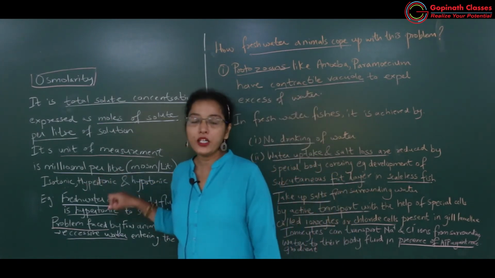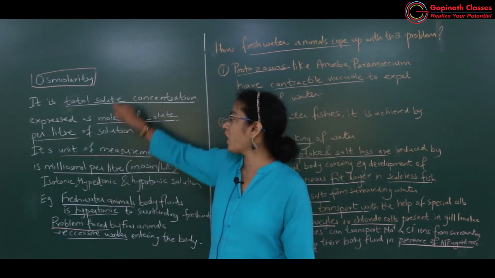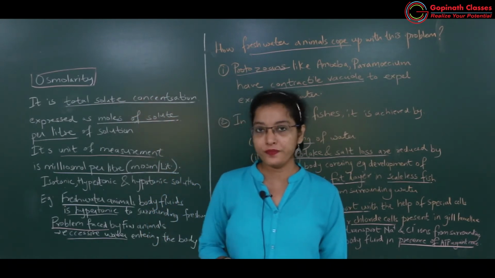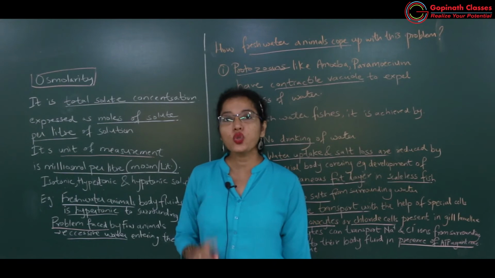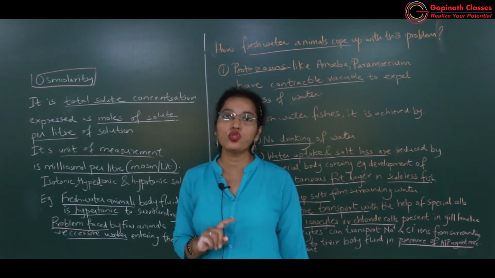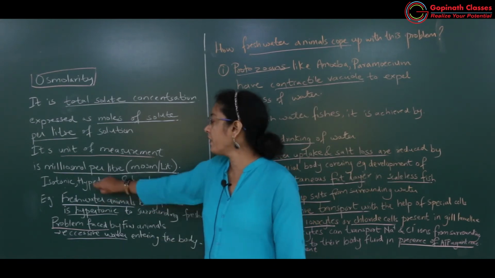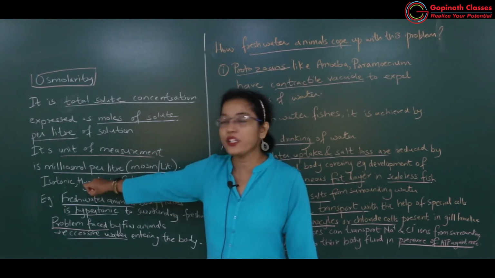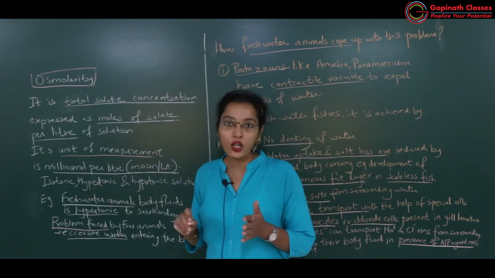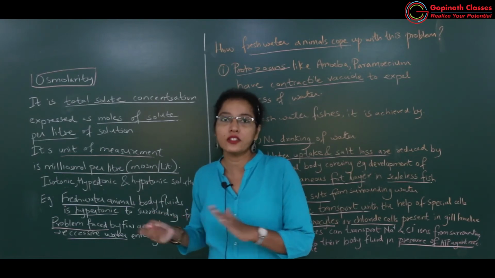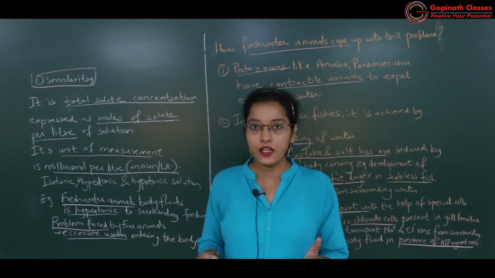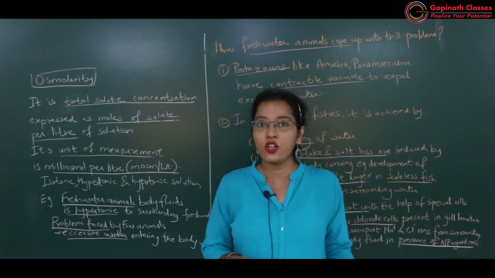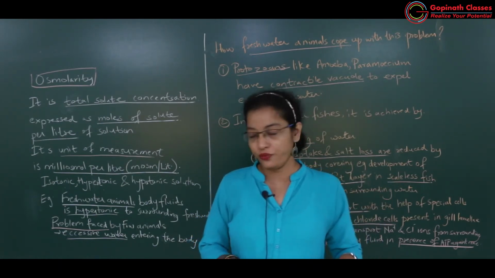Then in hypertonic, what will happen? The solute concentration in the solution is more. Okay, if the solute concentration of the solution is more, then it will be a hypertonic solution. In an isotonic solution, the concentration of solute and the concentration of solvent remain the same. Okay, got it? And that is the same in the intracellular fluid as well as the extracellular fluid.